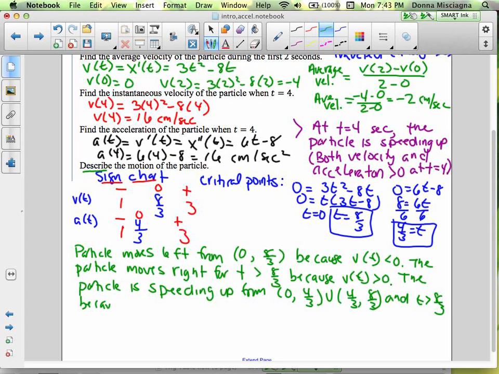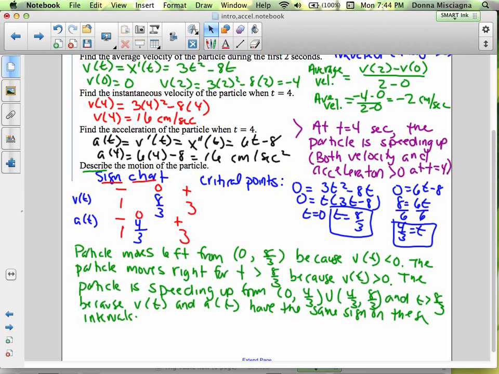Because v of t and a of t have the same sign on these intervals. Notice I broke it up at the critical points, because at the critical points either the velocity or the acceleration is 0, and so that is not the same sign. 0 is not positive, 0 is not negative.